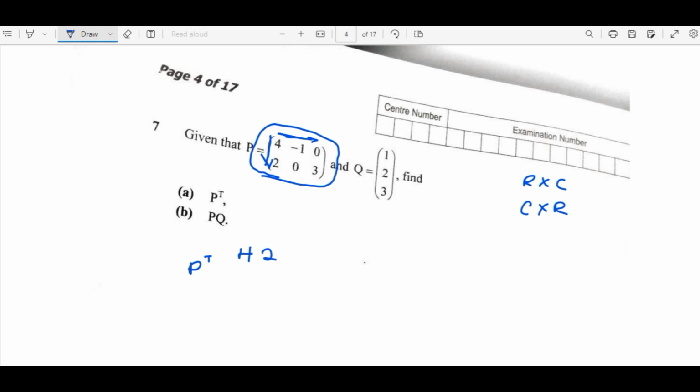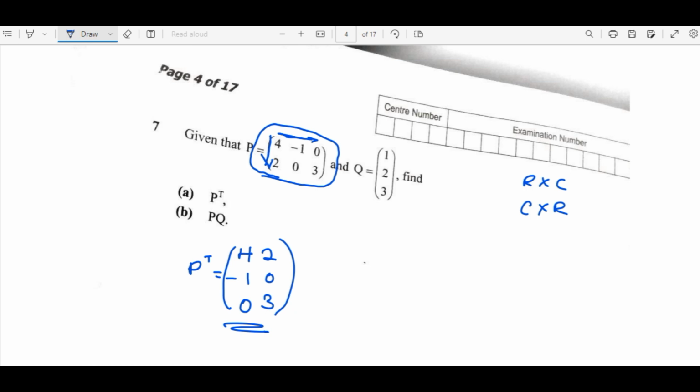These are columns. And then we would say negative 1, 0, and then 0, and then 3. So this is the transpose of P. When you compare, you'd find that the rows have changed to columns, and the columns have changed to rows.